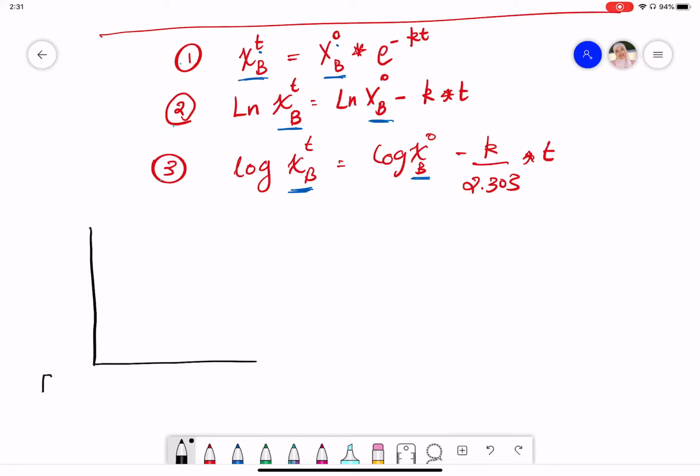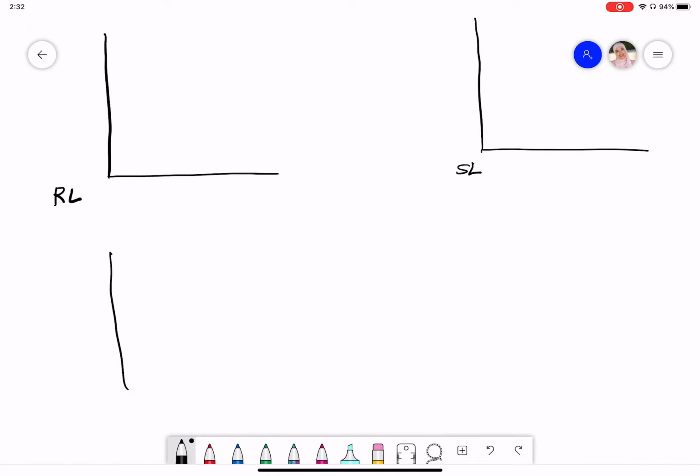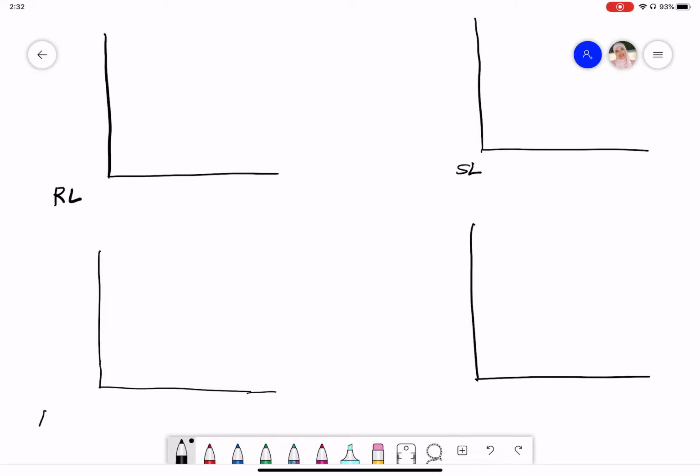Okay, so we will use a rectilinear graph, and we will use a semilog graph, and we will use log transform to log amount graph, and ln. This will be on rectilinear.